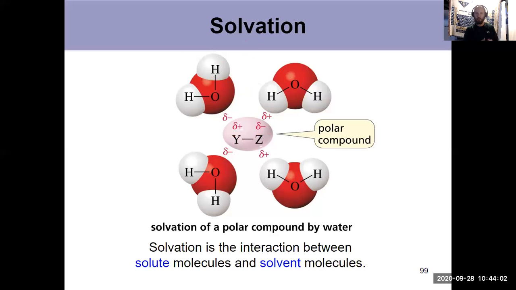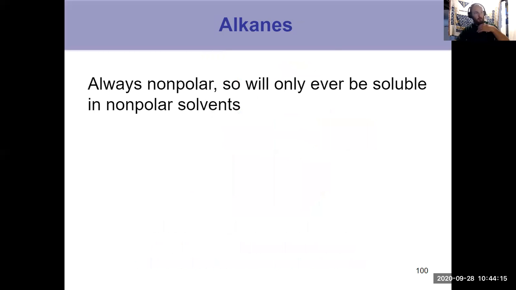We don't want that. We're always trying to go to lower energy. But if I had a nonpolar solvent, like hexanes, then the London dispersion forces are similar to one another, so they can mix. Okay. And alkanes, for example, are always nonpolar, so they'll only ever be soluble in nonpolar solvents.